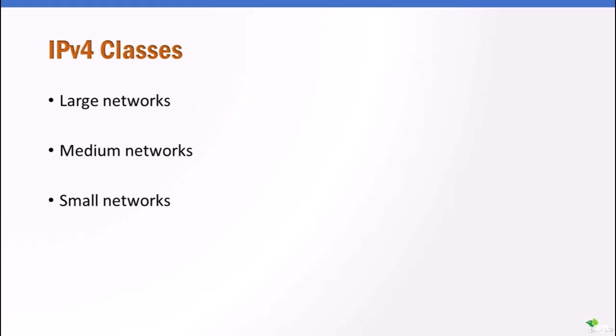And the idea behind classes was that once a company or a university would want to get an address range, they would be given a range depending on the size of their network. So Class A networks were only supposed to be given to very large networks. And that is because in a Class A network, the first 8 bits or the first octet is the only octet that represents the network portion of that address.